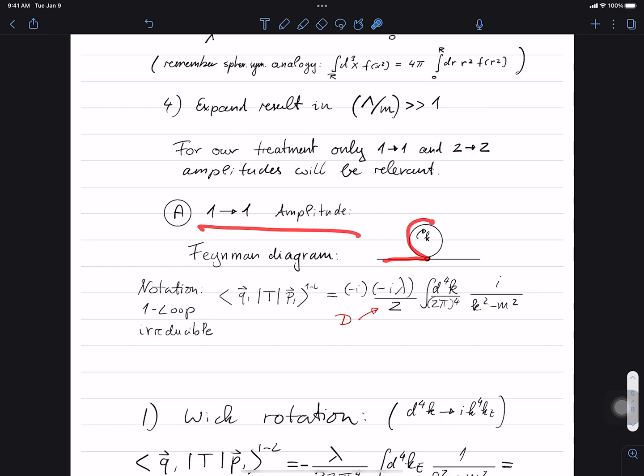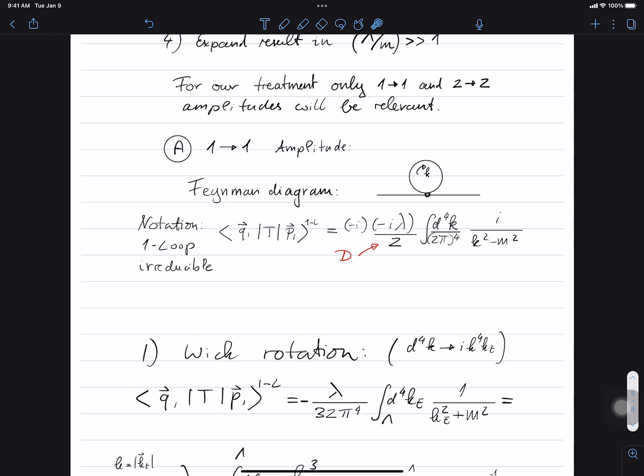The Feynman diagram for this at one loop order. We denote this as the one-loop irreducible diagram, because by cutting propagators we are still getting the same diagram. So the Feynman rules tell us we have a negative i from here, because iT is equal to i times the matrix element, which is equal to negative i lambda times the loop momentum integral over the propagator.